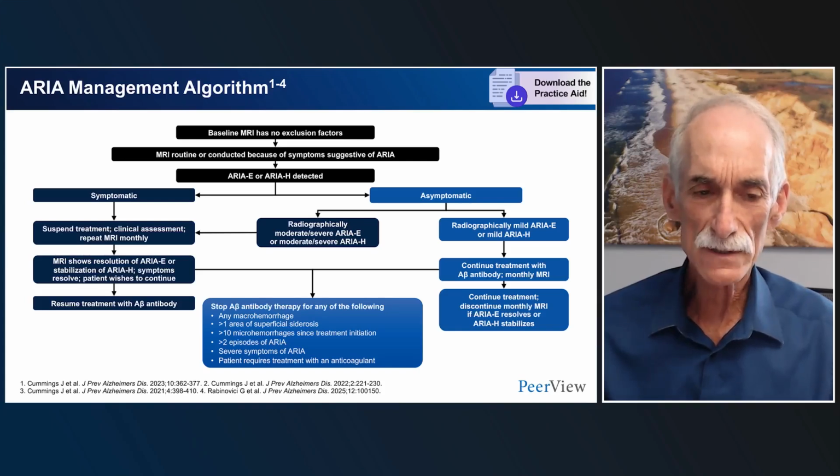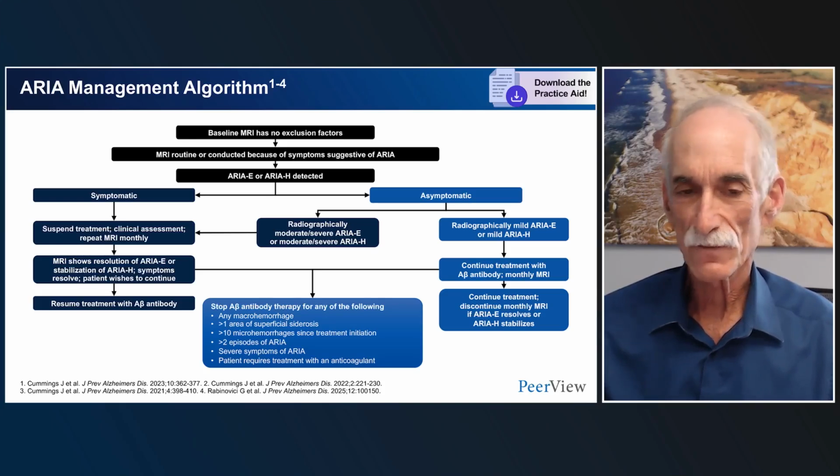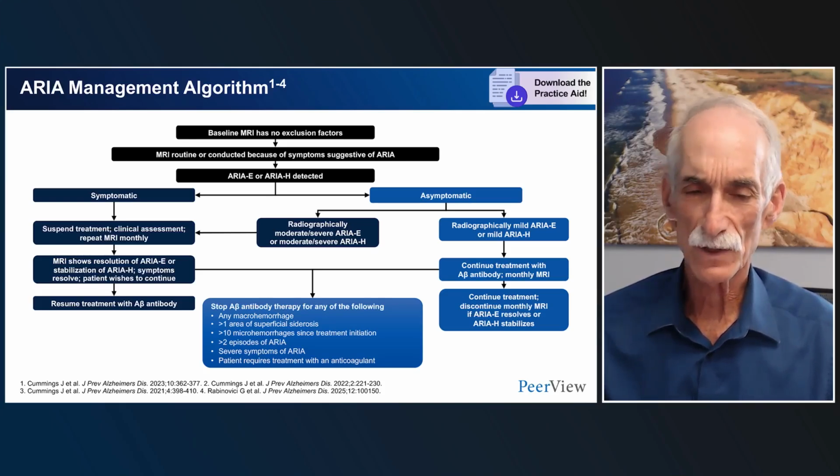Now, it's important. This is an algorithm that was really adapted from the phase 3 trials that's in the appropriate use recommendations. It's also in the FDA label, though not required. It's a guidance in the FDA label. But we recommend that you follow this algorithm for managing ARIA.